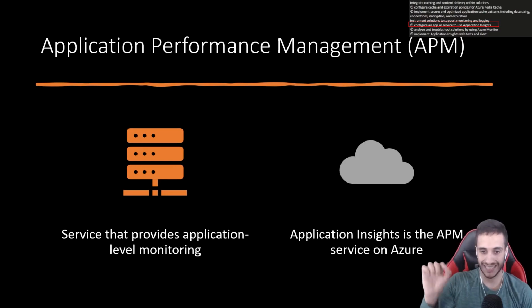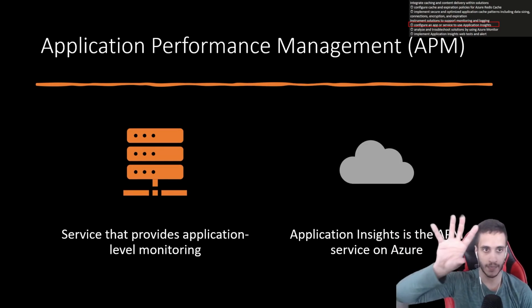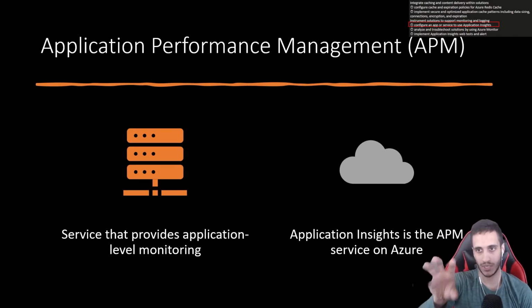So they go deep down into your code and they can monitor your code stack, they can monitor exceptions, they can monitor the duration of specific API calls, they can monitor dependency calls like calls to your databases, etc. So whenever you hear or see the word APM, this refers to tools that provide application level monitoring.